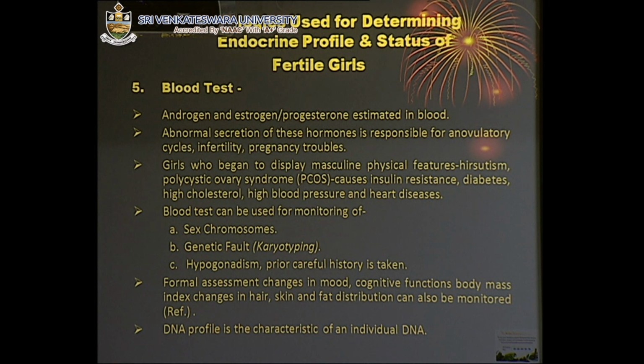Girls who begin to display masculine physical characteristics, that is hirsutism, with deepening of voice and increase in body hair, and polycystic ovary syndrome, can have anovulation, infertility and other pregnancy troubles.